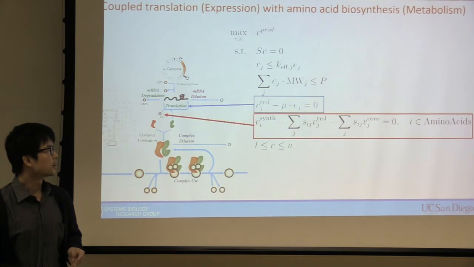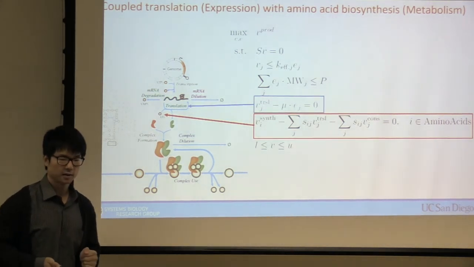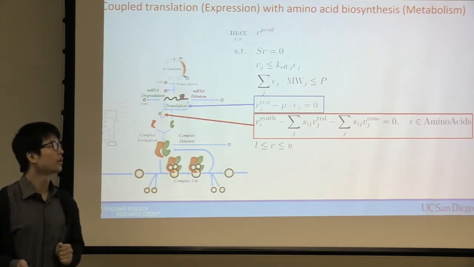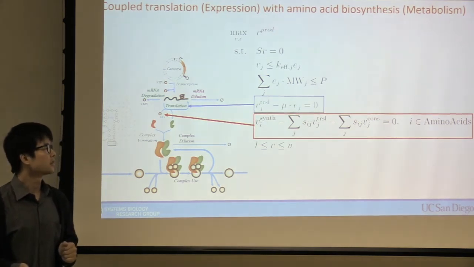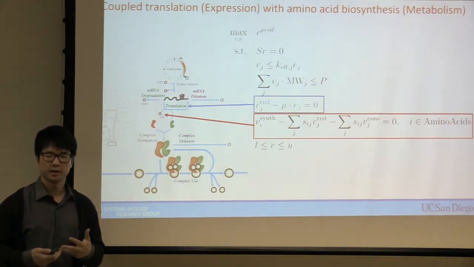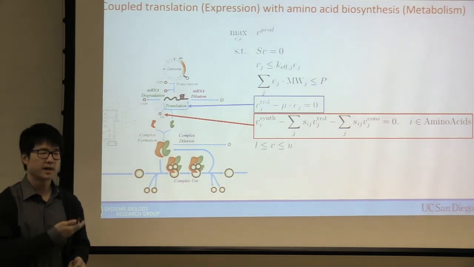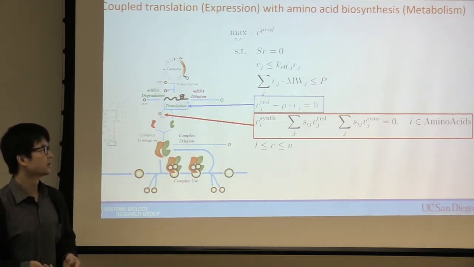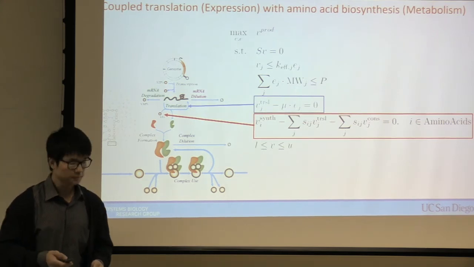All right. And so if you add these two expanded mass balance constraints into what we had before, now you have what's starting to look a lot like a full reconstruction of the expression matrix. Right now we've just added in translation, which is just going to use amino acids.